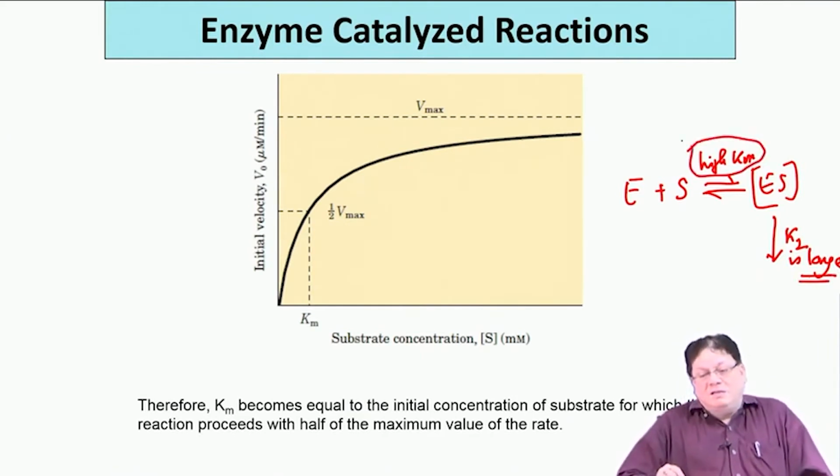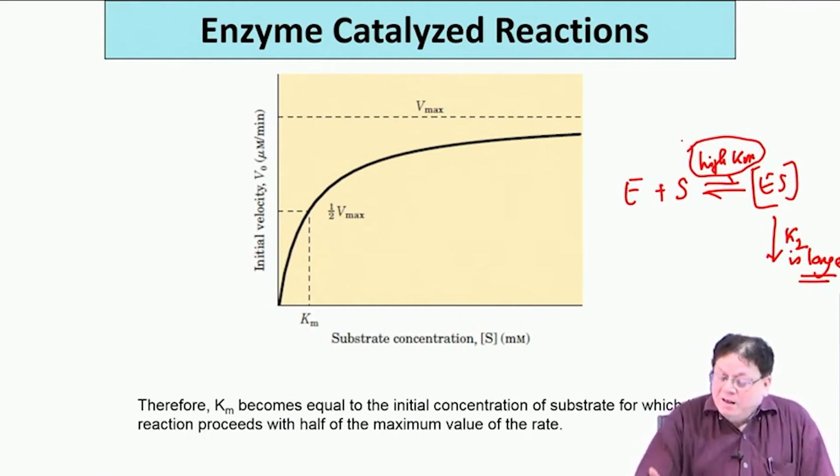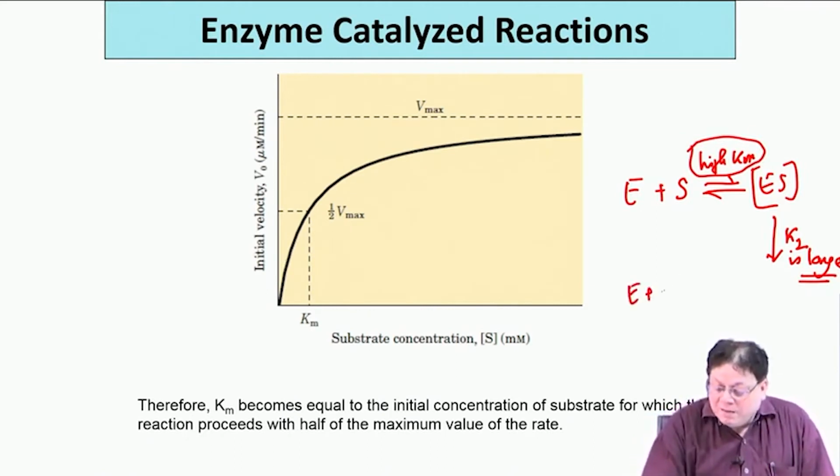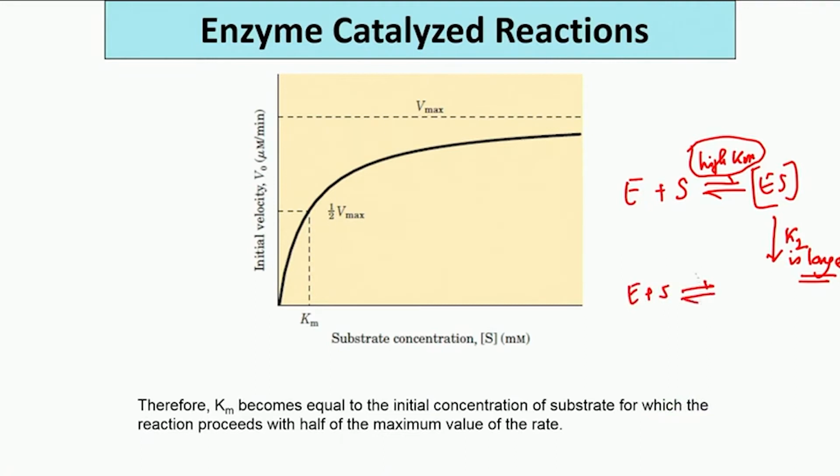Now, the question is, is this enzyme very efficient versus an enzyme with a low Km and also a very high turnover number, high k2? The question is, which enzyme will be more efficient?